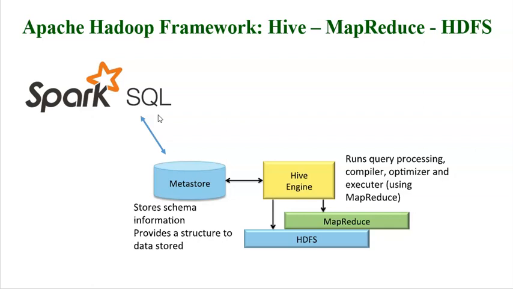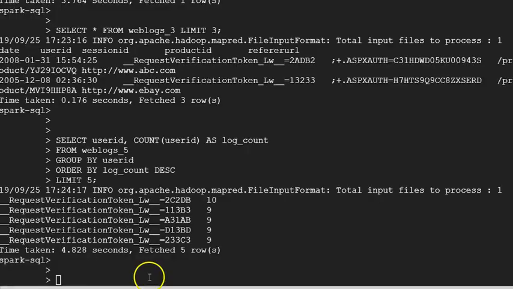Okay, let's look at what we did with Spark SQL. Here we get back to the SSH terminal window in which we have run the queries using Spark SQL. And here we can confirm that it is exactly the same query as we did with the Hive and MapReduce environment.